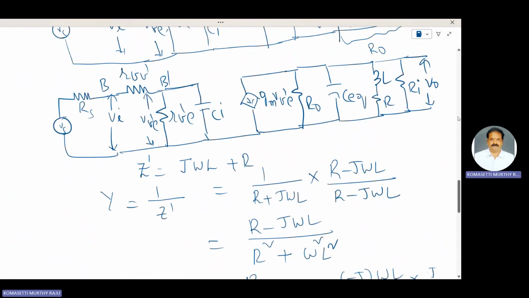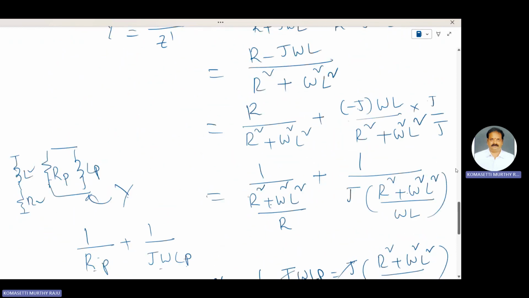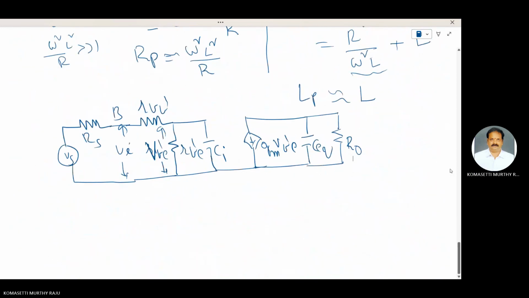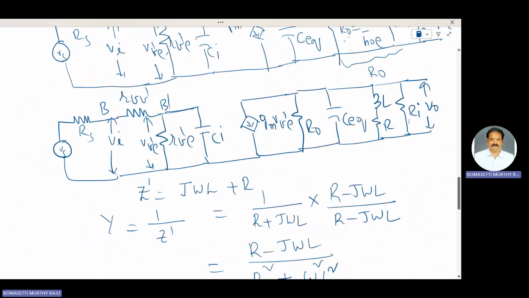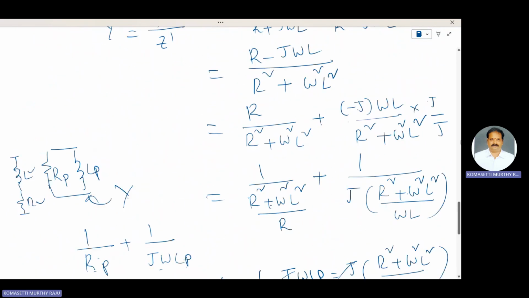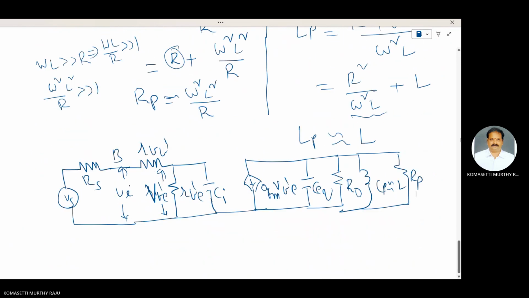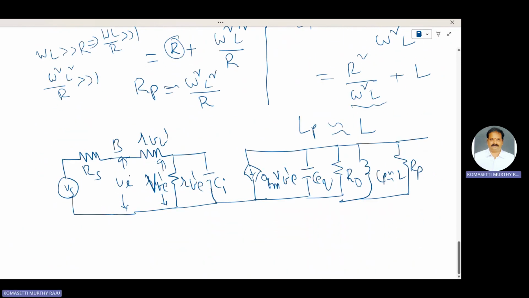L and R is replaced with LP approximately equal to L, and this one is RP. This one is RI. One more resistance is there, that is RI.